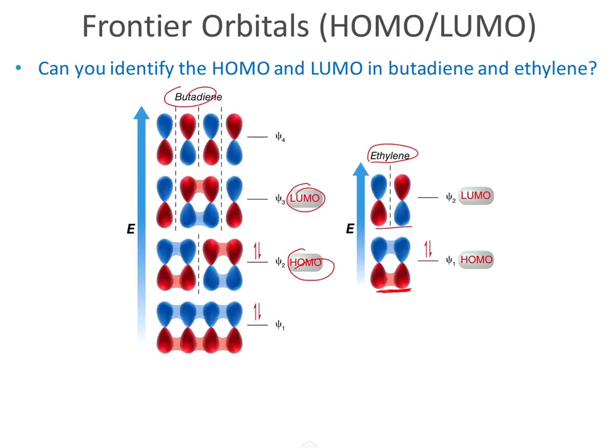So the HOMO is going to be psi1, the LUMO is going to be psi2. How many electrons are in psi2? 0, because ethylene has only 2 carbon atoms. Ethylene structure is just a carbon-carbon double bond. So there are only 2 electrons, so psi2 has no electrons.